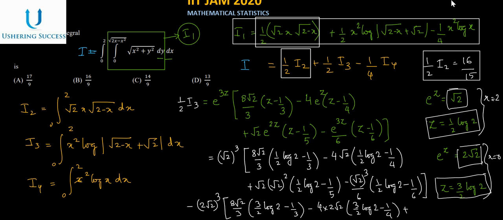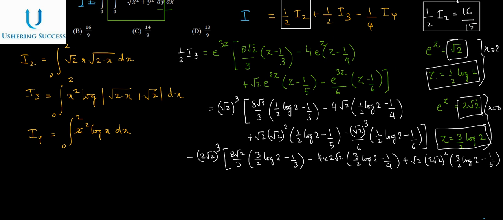So plus root 2 e to the power 2z would be 2 root 2 whole square into 3 by 2 log 2 minus 1 by 5, and then I have minus e to the power 3z would be 2 root 2 whole cube divided by 6 into 3 by 2 log 2 minus 1 by 6.